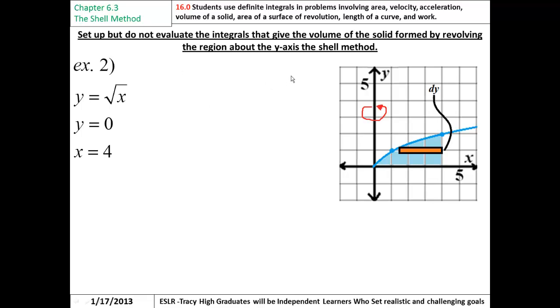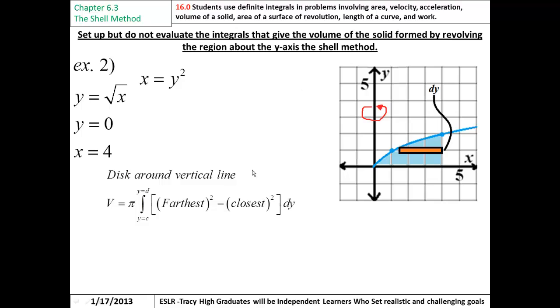Now, what if you spin it around the y-axis using something we're going to call the shell method? Or sorry, this is the disk method. All right, the instructions say shell method, so that threw me off. This should be disk method. We're still using the disk method.